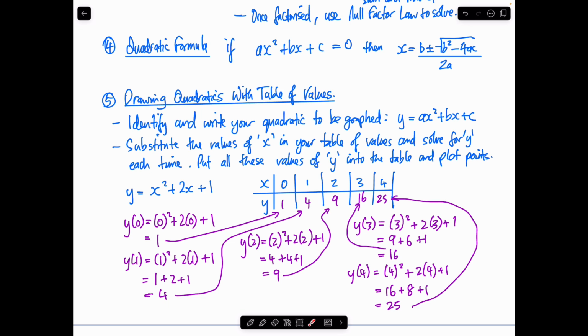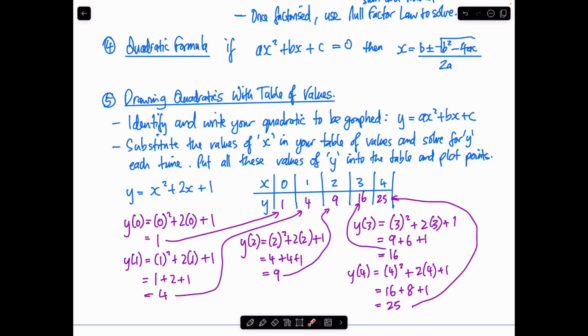So for example, this is my equation here. My first value of x in the table of values was 0. So I plug that wherever x is. So you can see here, x is equal to 0. So we go 0 squared is 0, plus 2 lots of 0, plus 1. You get 1. That solution for y goes into the table of values.